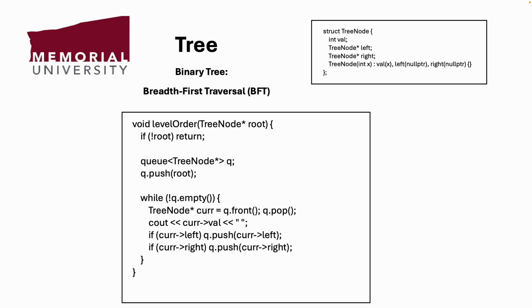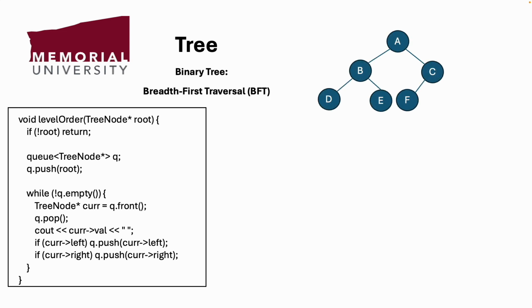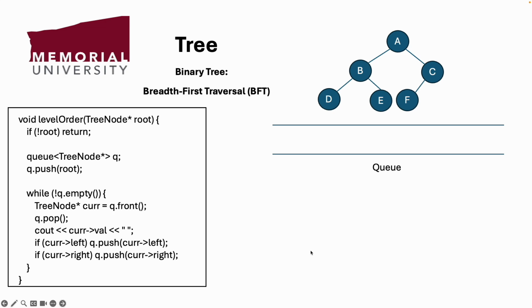Okay, so here's the code. We implement the breadth first traversal with the queue. Let's look at the code together. We have the same tree, and then we declare the queue.